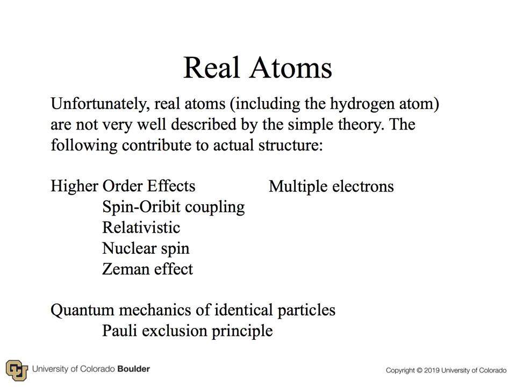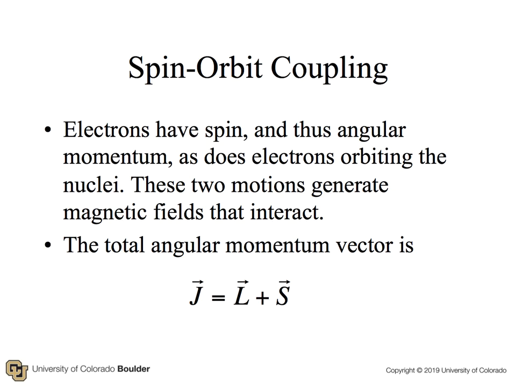And then if you have multiple electrons, which you do in all the atoms except hydrogen, the electromagnetic fields associated with the electrons can interact, making things more complicated. And then finally, we have the quantum mechanics of identical particles, electrons being identical particles, and that leads to the Pauli exclusion principle.